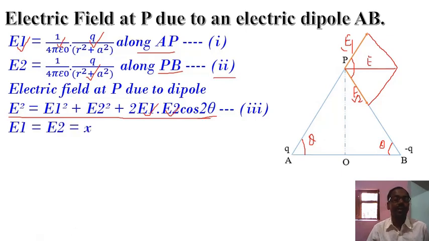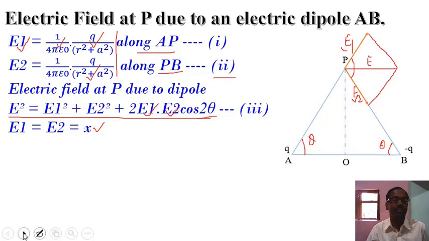From equations 1 and 2, the magnitudes are the same. Therefore, E1 equals E2 equals x, we suppose. So E square equals x square plus x square plus 2x square cos 2 theta, which is 2x square plus 2x square cos 2 theta.